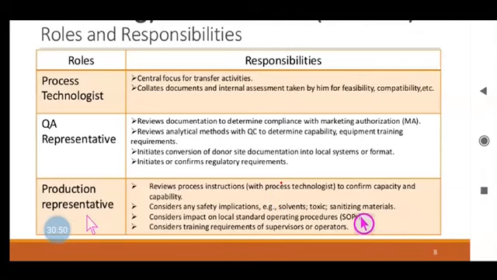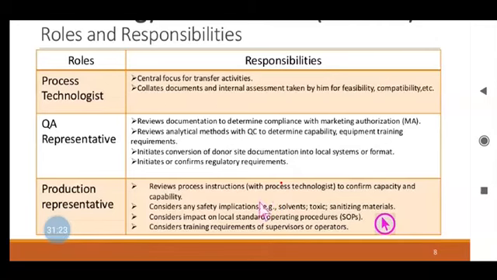Then the production representative. The responsibilities of the production representative are that he will review the process instructions with the process technologist to confirm capacity and capability. Well, the process instructions can be prepared for the large scale manufacturing in consultation with the process technologist.